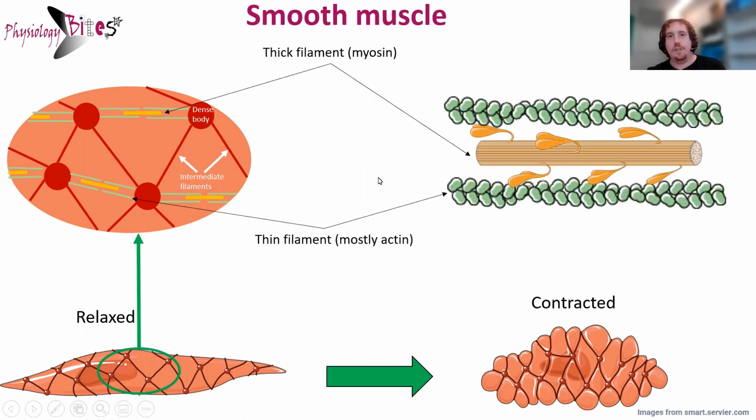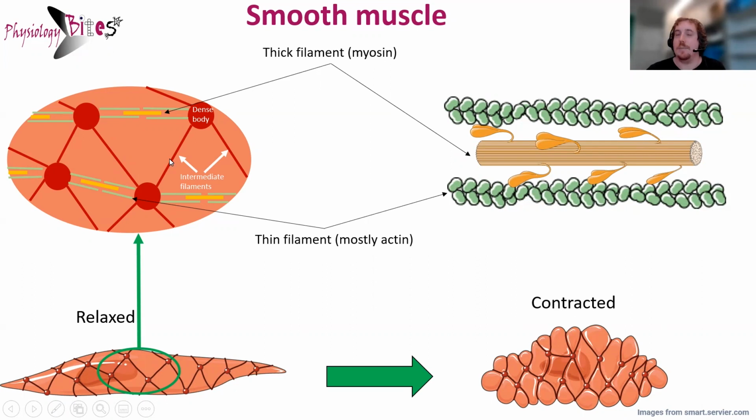Now, if these thin filaments are moved in this direction, from right to left, it's going to move those dense bodies closer together. And you can see that's what happens in a contracted smooth muscle. So the thin filaments passing by the thick filaments, which we call the sliding filament theory, similar to other types of muscle, is what causes this contracted smooth muscle.